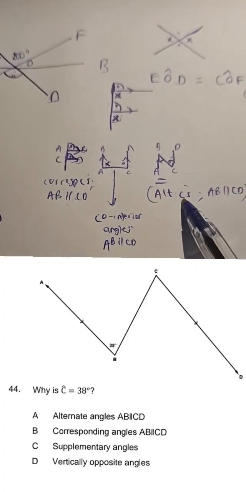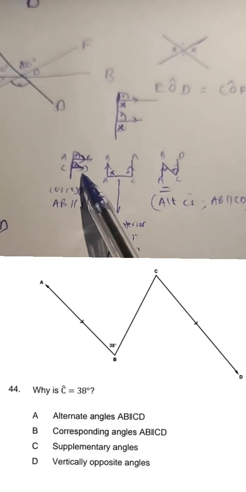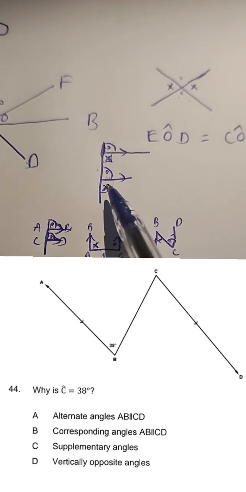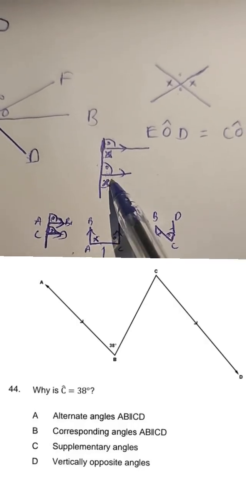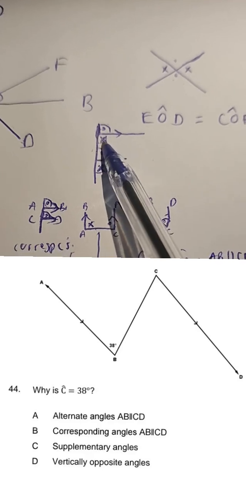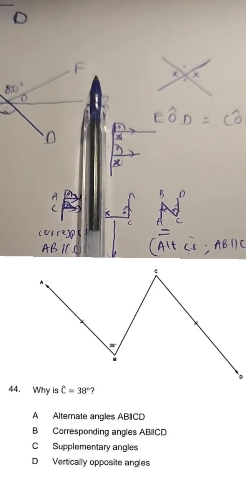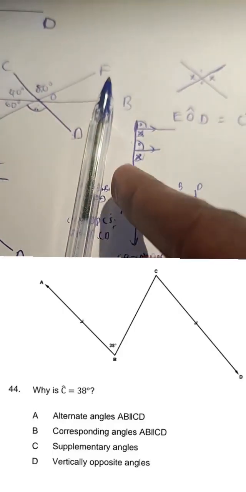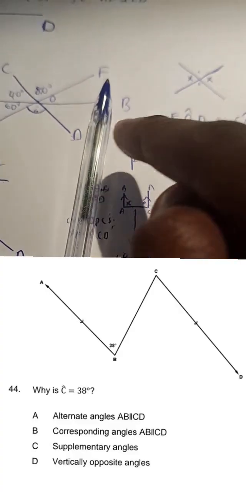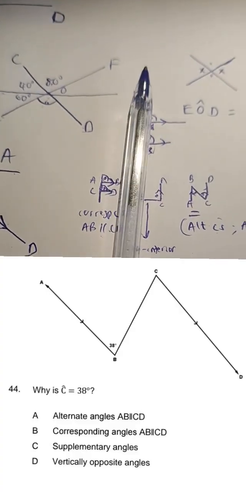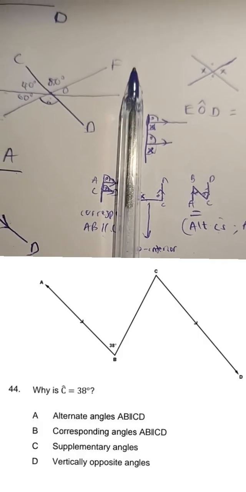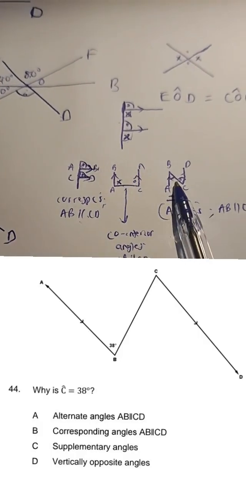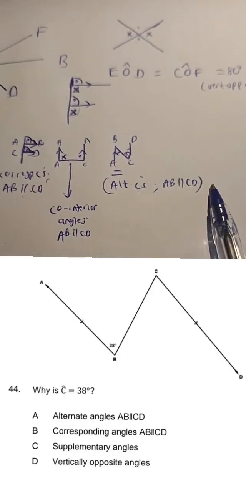So corresponding angles and alternate angles are equal, but we just need to make sure we know where the angles are situated. Corresponding means the angle at the bottom of one parallel line is equal to the angle at the bottom of the other parallel line, as long as they are on the same side of the transversal line. This is a transversal line, these are parallel lines. So on the same side of the transversal line, bottom we are equal, top we are equal. Then with the Z and N shape, those two angles are also equal. We call them alternate angles.